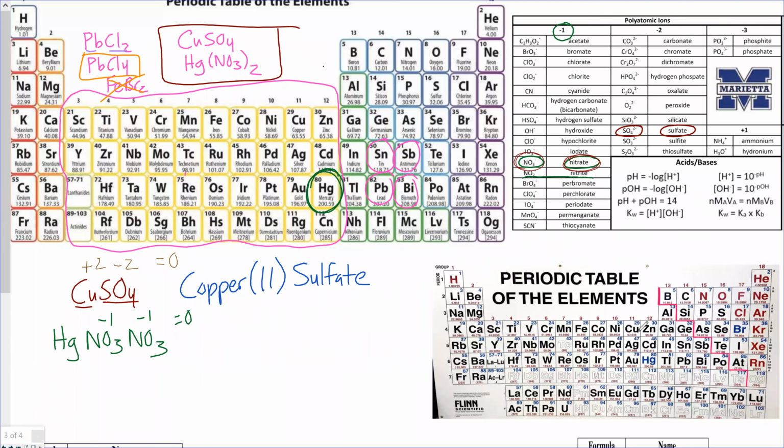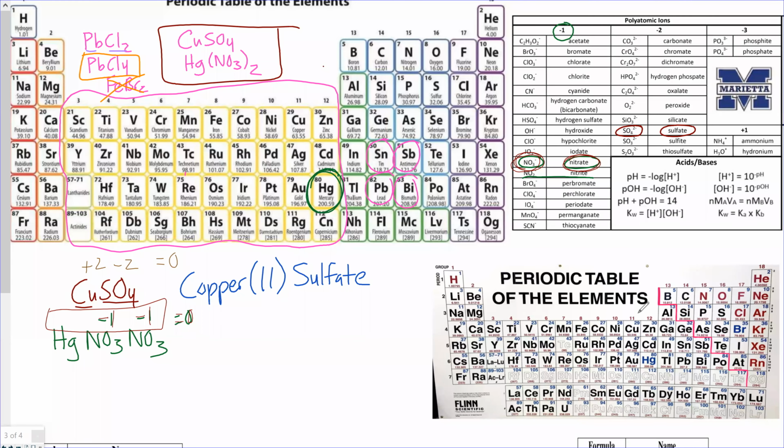When I wrote this -1 here and this -1 here, I know all of these added up have to be equal to 0. So you just basically find the missing piece? Yep. Listen, if you had a question, I bet at least 2 more people had it. They just didn't say anything.